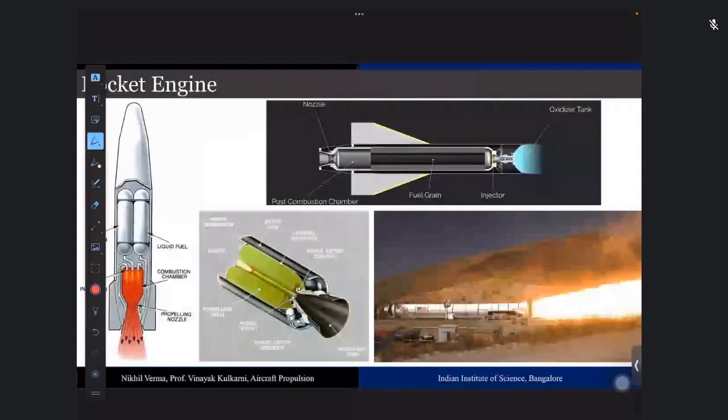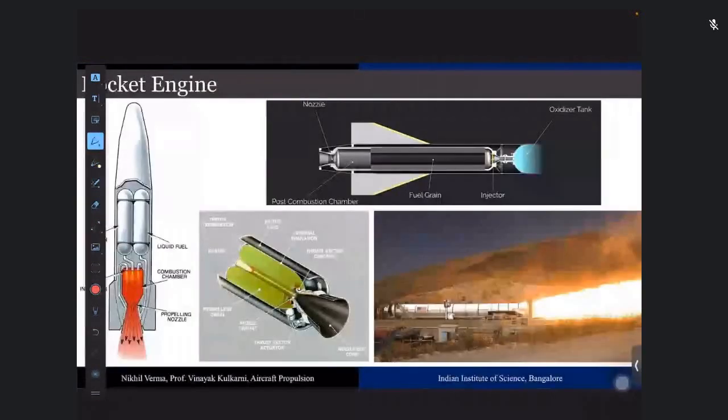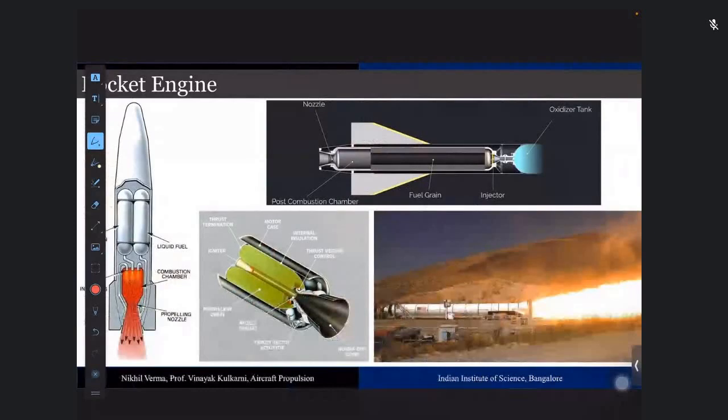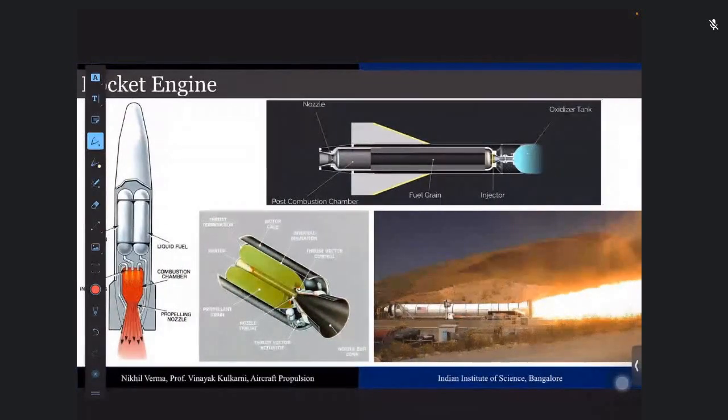Coming on to the classification of the rocket engine, these are the non-air breathing type of engines. They can further be classified on the state in which the propellants are used. So this can be liquid rockets, where the oxygen and liquid fuel are stored, then passed on to the combustion chamber. This is a combustion chamber.